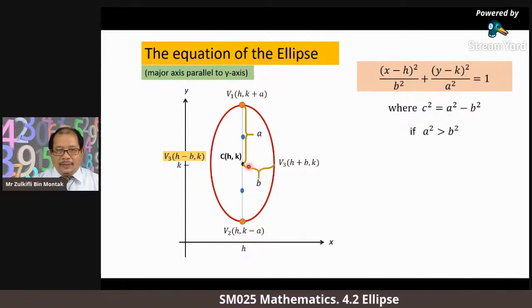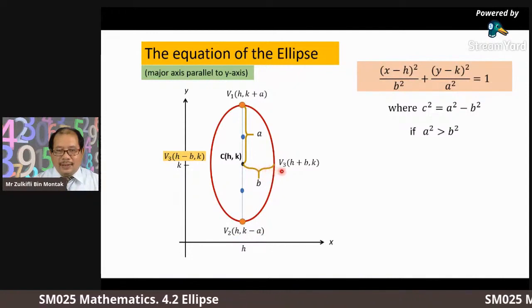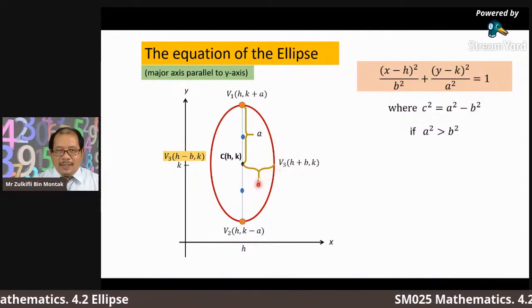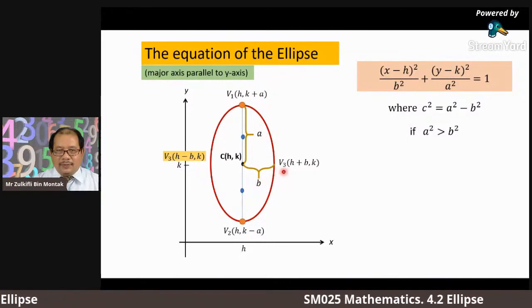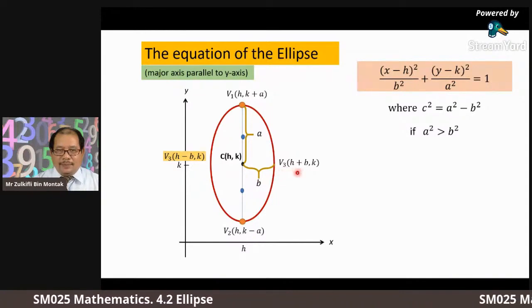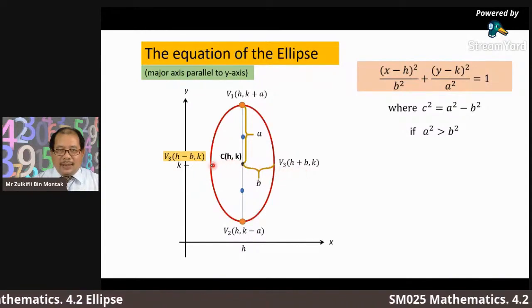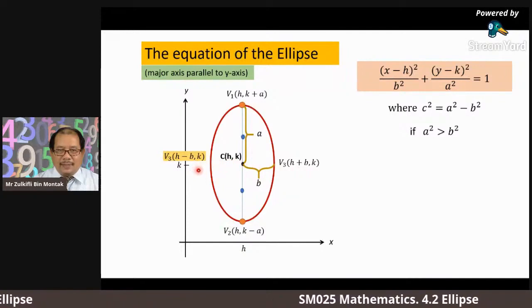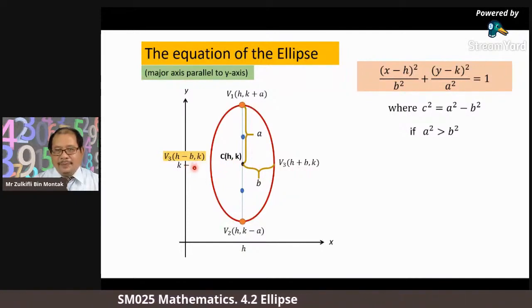The distance from the center to the other vertex at the minor axis is B. So the vertex at the minor axis is (H plus B, K), and the other vertex at the minor axis is (H minus B, K).